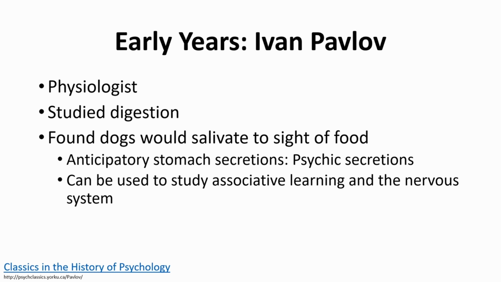And so this is where Pavlov did something a little bit different that actually made this important. He made the connection and figured that we could actually use these anticipatory secretions as a method to study associative learning, and specifically the mechanisms of associative learning that might be within our nervous system. Now that was a question that people were interested in.